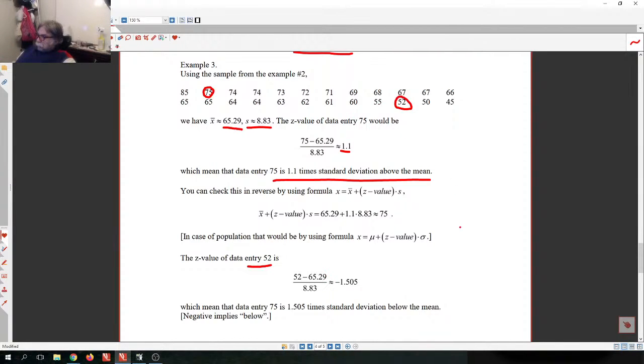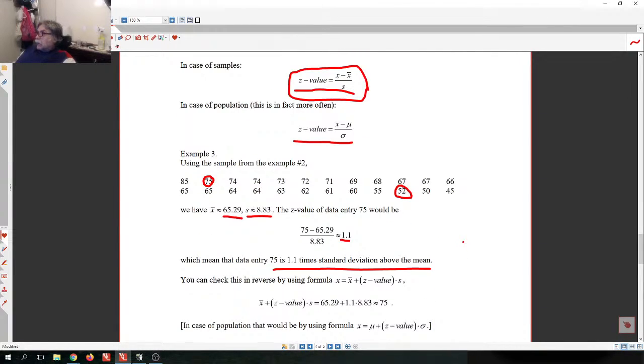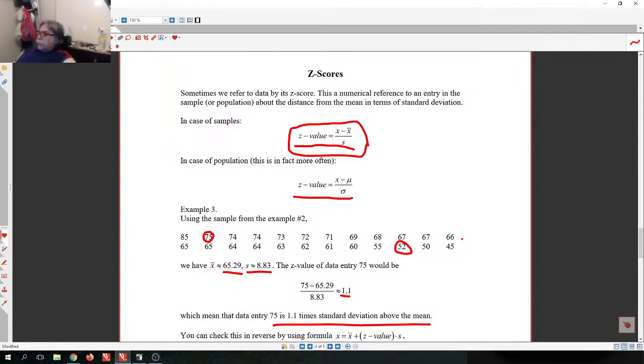Now these z-values are the values that we will be using in any so-called normal distribution. So you need to remember this stuff when we get to that point. And again, the z-value for samples is calculated one way, and for the population another way. I have to say the z-values are mostly calculated for population, not for the samples. But you can calculate for either, right?